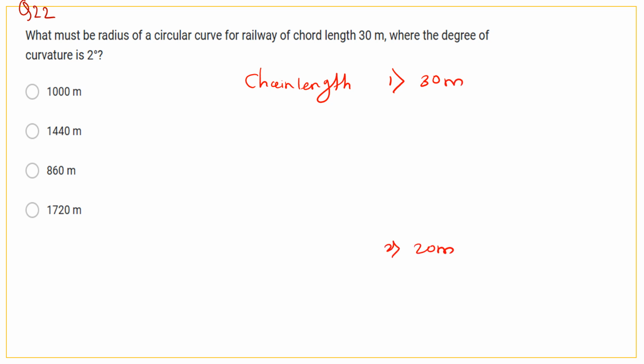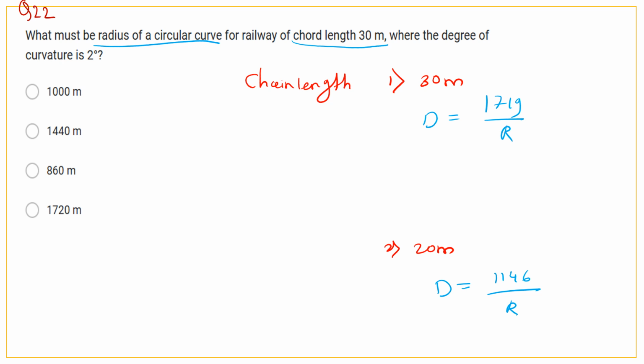If the chain length is 30 meter, the formula for the degree of curvature is D is equal to 1719 by R, and if the chain length is 20 meter, then the degree of curvature is 1146 by R. Okay, here the chord length is 30 meter. So this formula is used to calculate the radius of the circular curve.